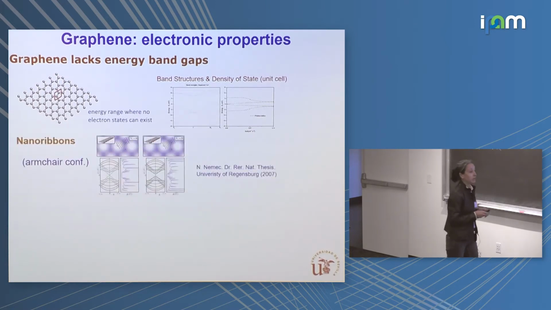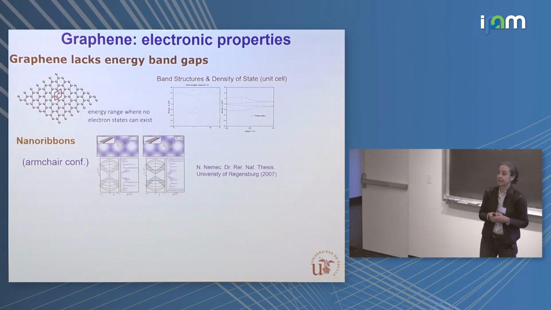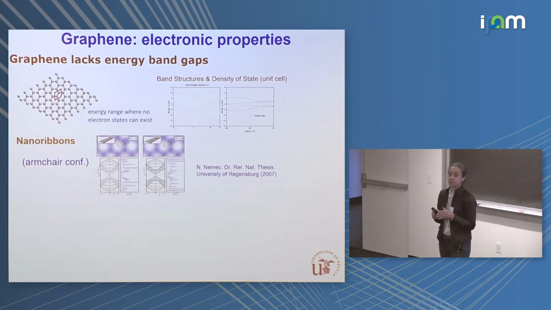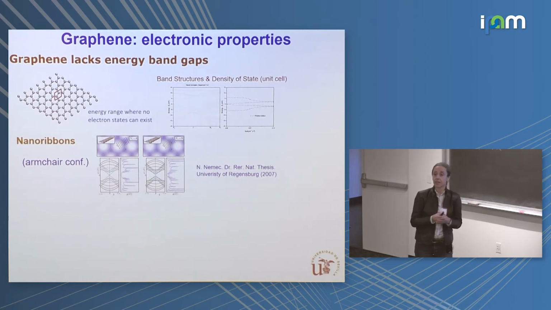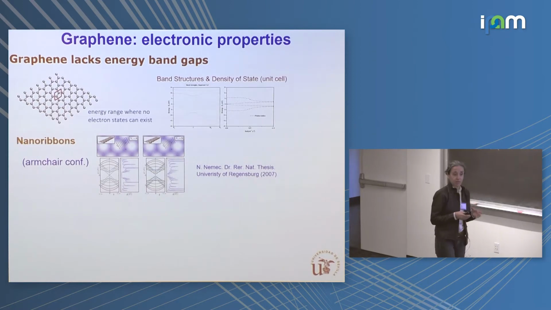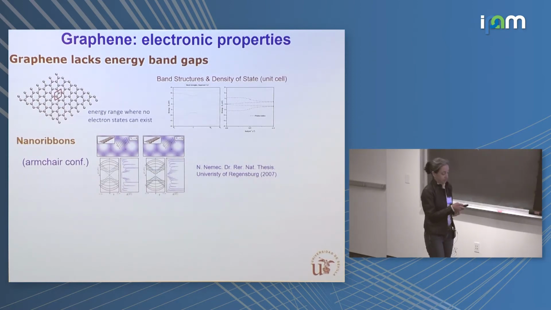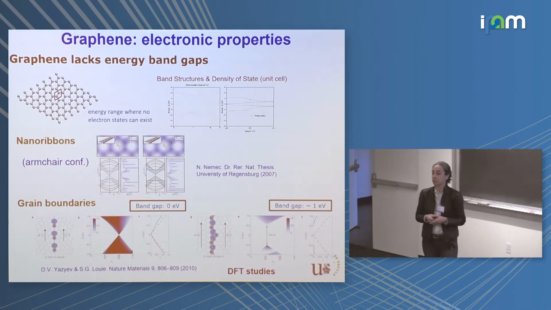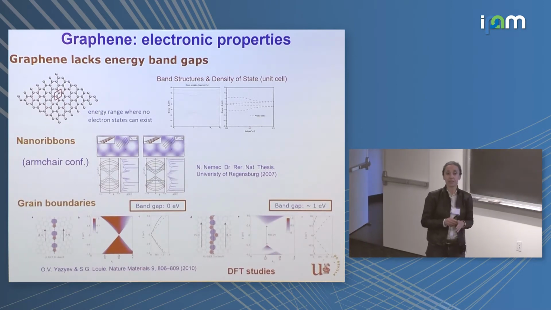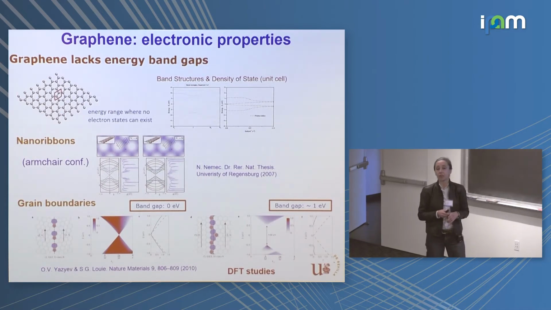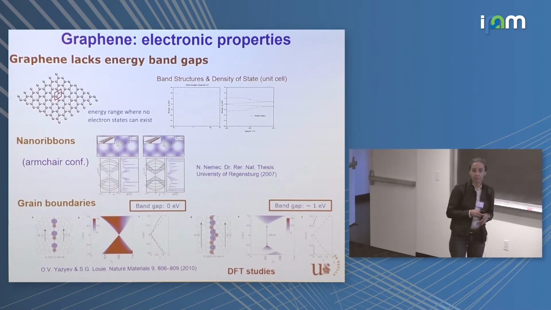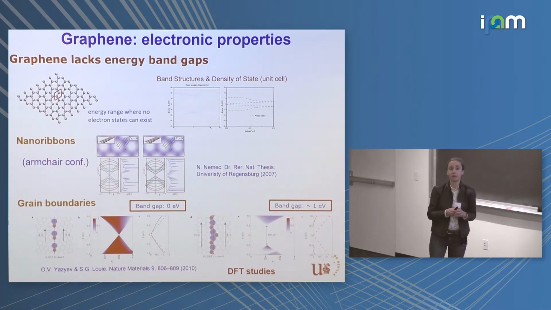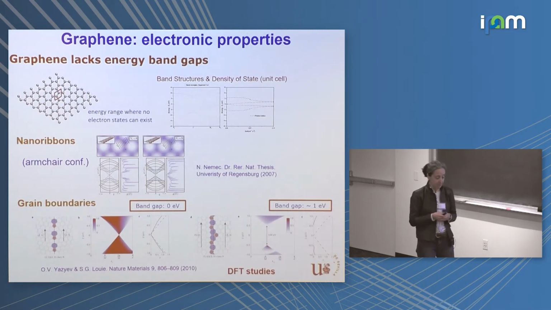When you have special geometries, like nanoribbons with some edges defined in a given direction, you will see some band gaps. This is also well known. And with some grain boundaries, you are also going to observe band gaps. What kind of grain boundaries? Symmetric grain boundaries don't open any band gap.